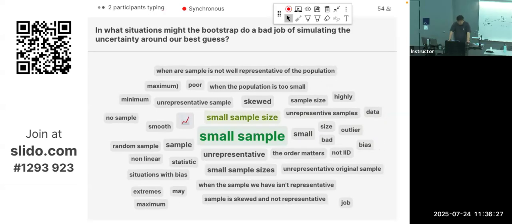The order matters. There's an emoji, is that a stock market? I'll try my best to interpret what that means. And maybe some of you have peeked at the answer in the next slide, so don't do that. Don't spoil the answers.